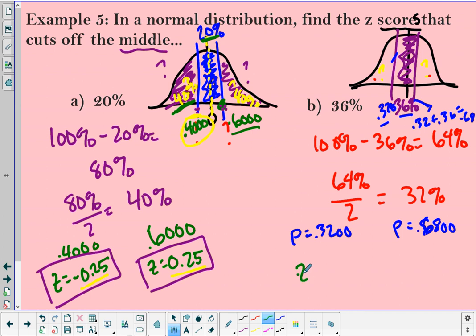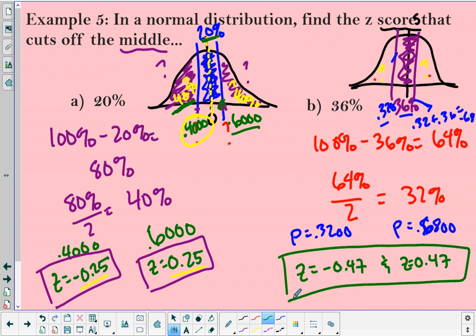So over here, the z-score that's closely associated to 0.32 is negative 0.47. And over here, the z-score associated to 0.68 is positive 0.47. So those are the two z-scores that cut off the middle 36%.